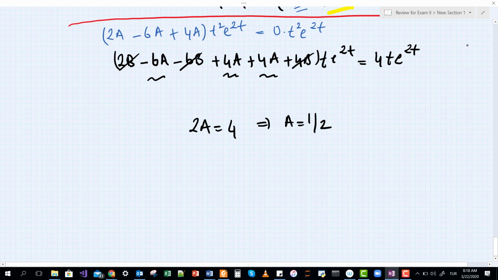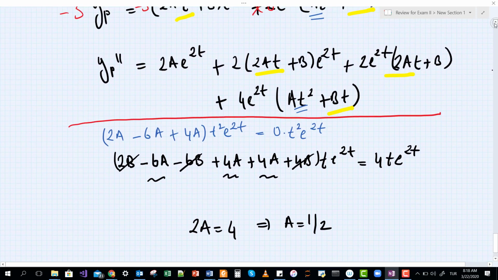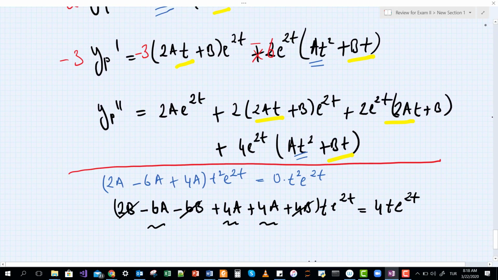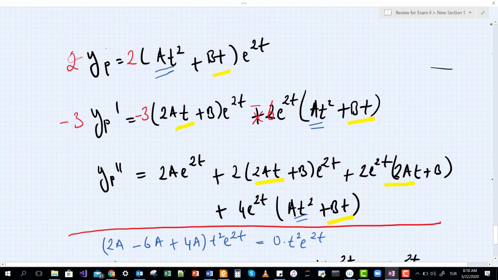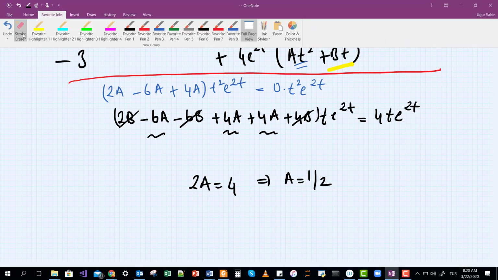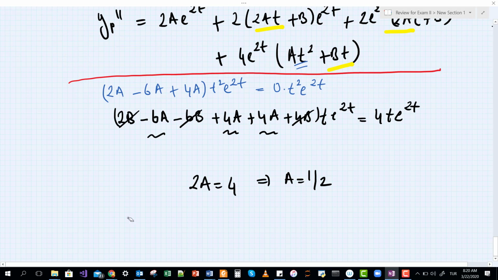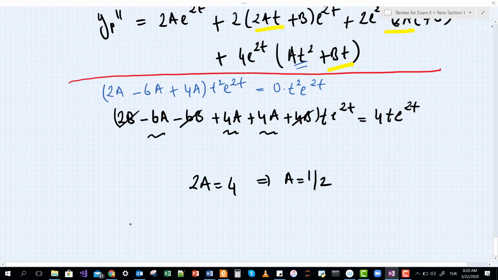But I have some other terms around. If you look back, we have these constant terms there, guys.